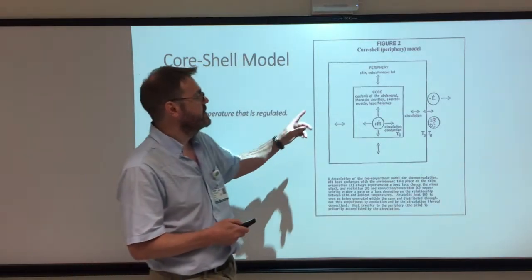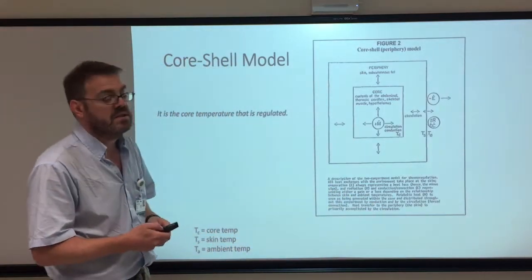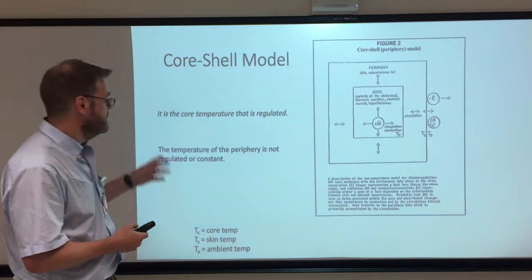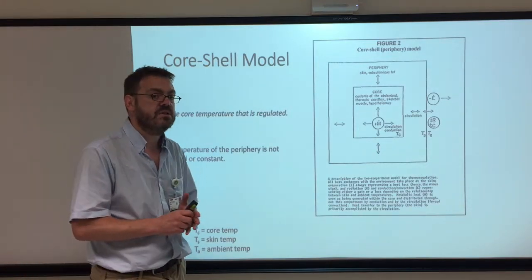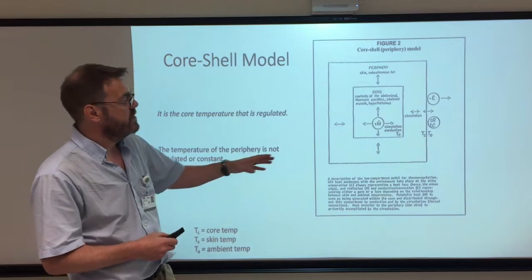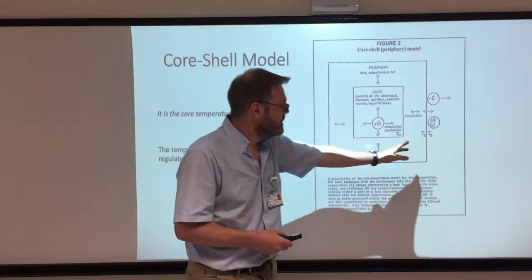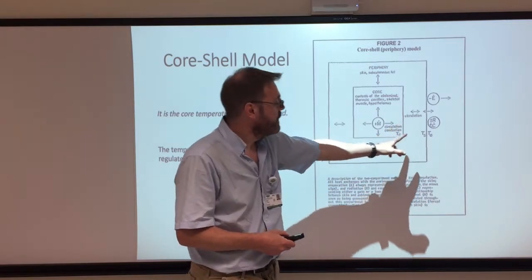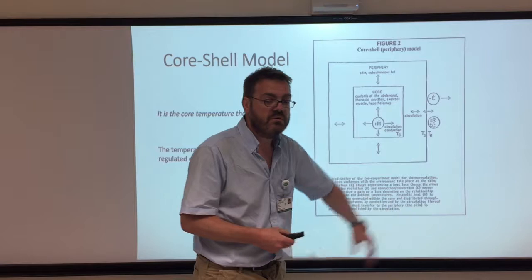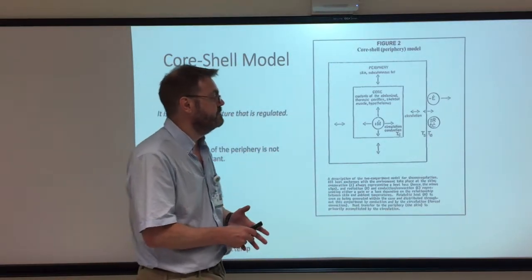And then on the outside of that, you have the periphery, and this is the skin and the subcutaneous fat, and this is not regulated and it's not held at a constant temperature. The temperature of the periphery will be a gradient from Tc on the inside all the way out to Ts, which is sort of your periphery, the temperature of the skin.